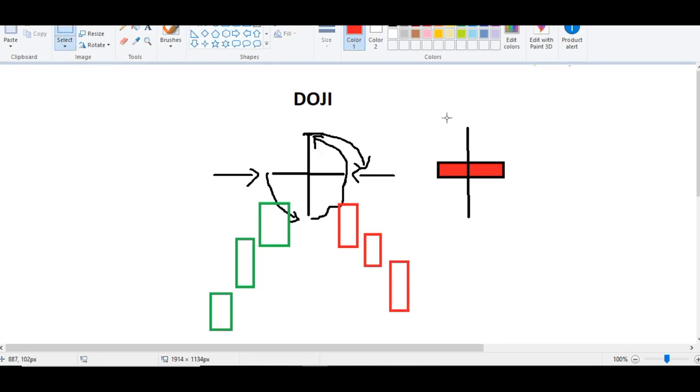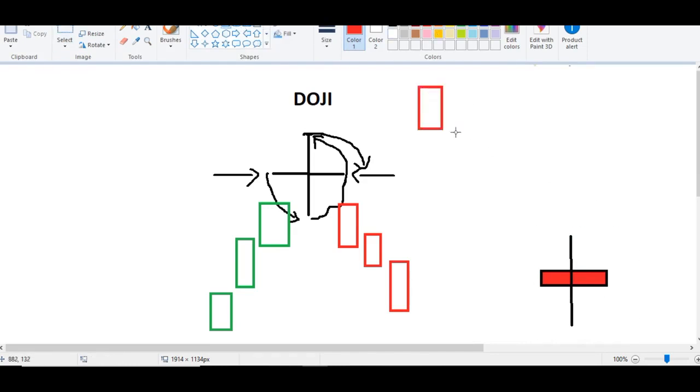And the same thing can happen in a downtrend. Let's say price is going down, going down, going down like this. And all of a sudden, at the bottom of the trend, you see a doji pattern like this. So what is it saying? Alert, right? It's giving a big alert and saying price may reverse from here.